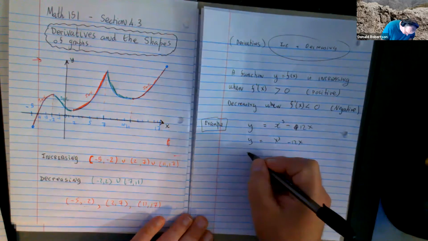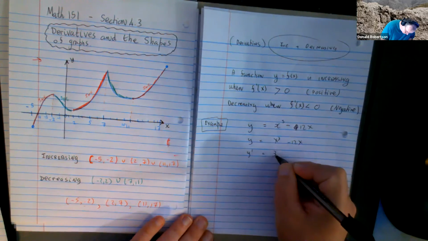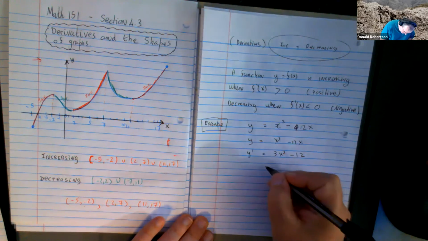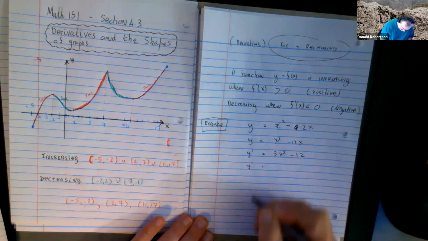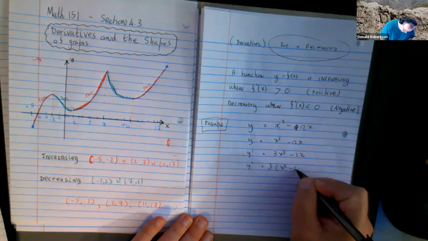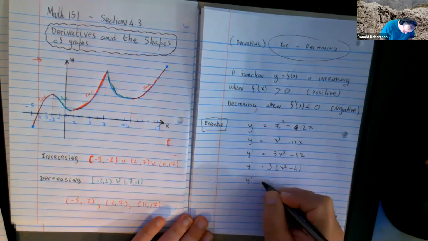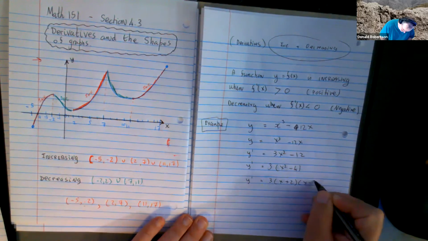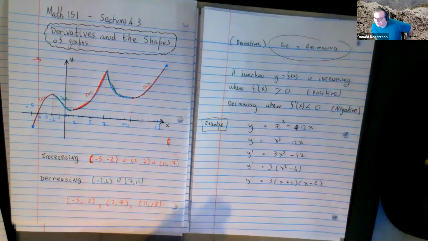If I find its derivative, which is 3x squared take away 12, and then I do style points. I get that. Great.